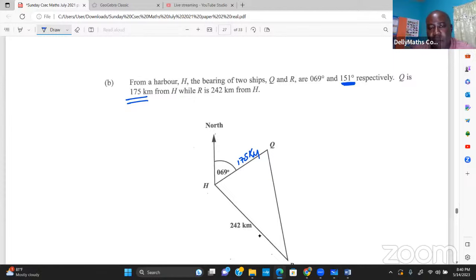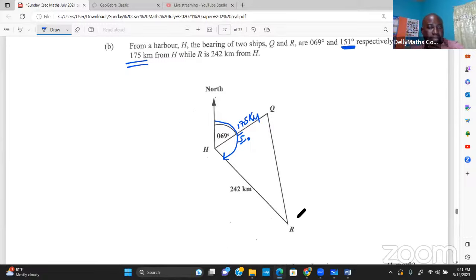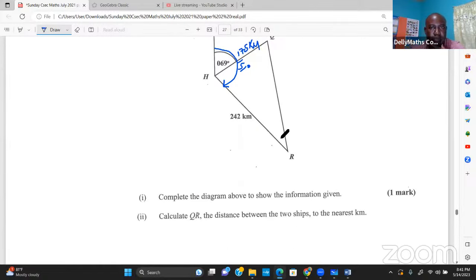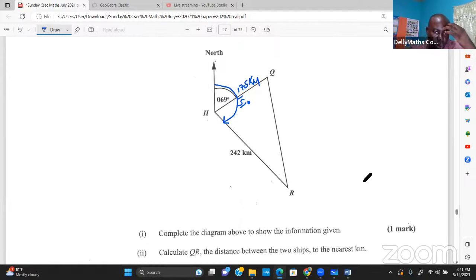So the bearing of R from H is all of this angle here, all of that. That is our 242. From your north, all bearings are from the north. So the bearing of R from H, that was missing. All right, so there we go.